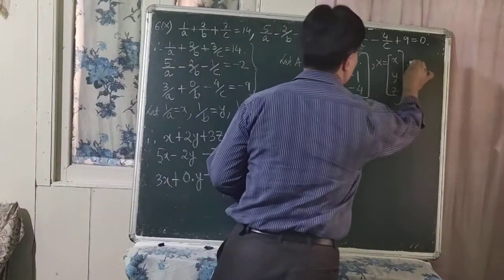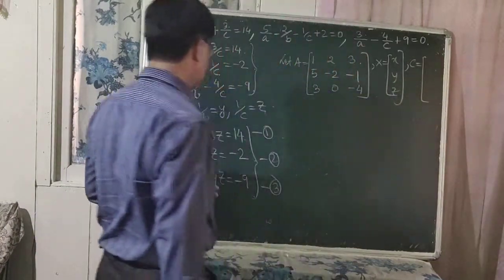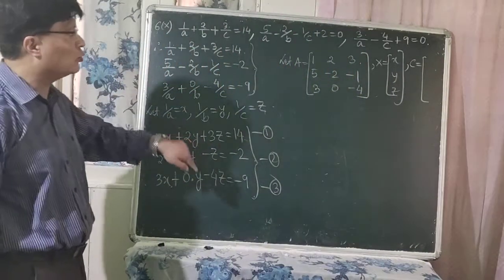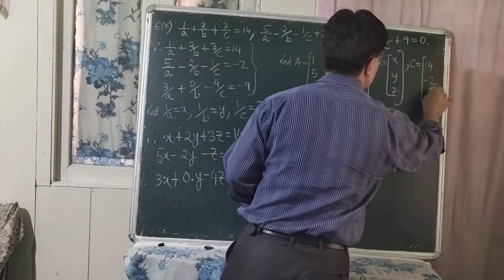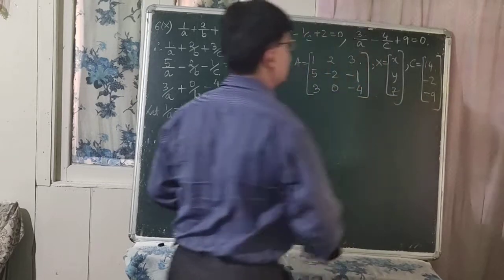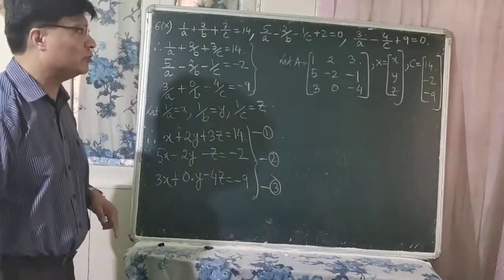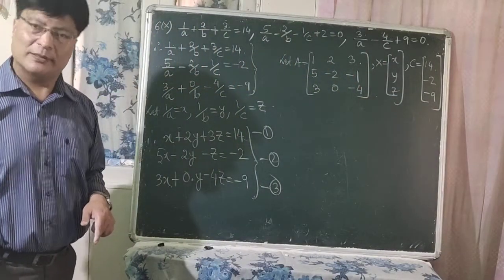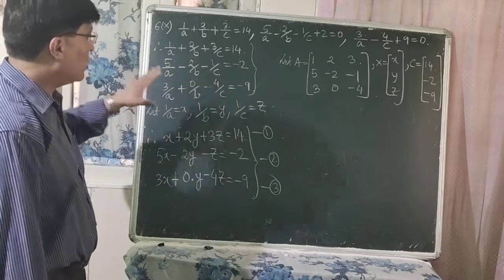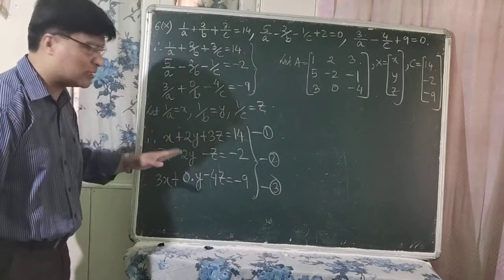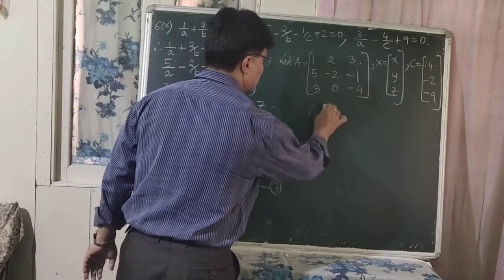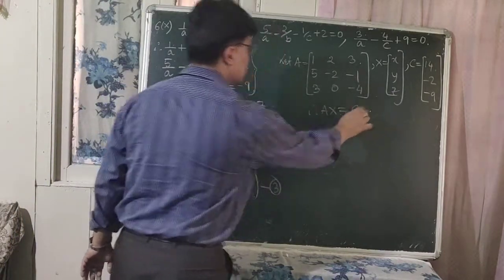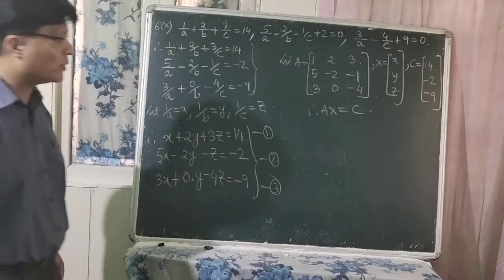C is equal to 14, minus 2, minus 9. So I think you understood it. Now we can convert the given system of equations to matrix form. So what is the matrix equation out here? AX is equal to C. This is your matrix equation.